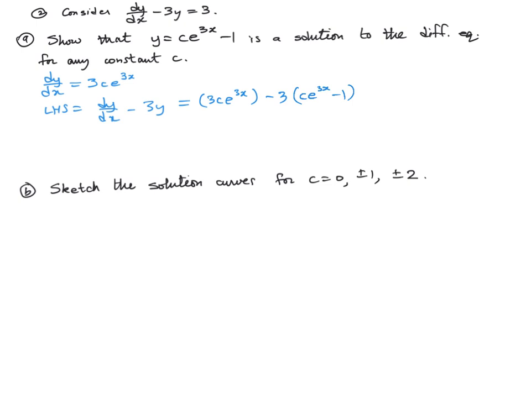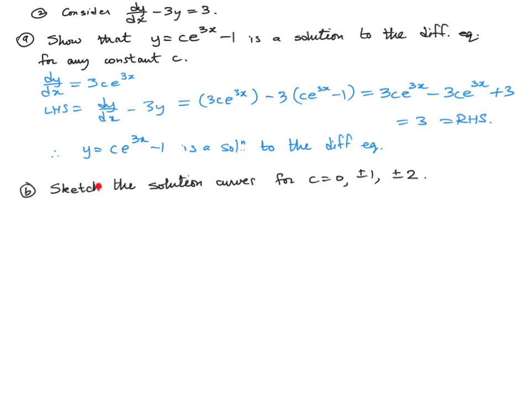And now it's a matter of simplifying this. So I end up with 3c e to the 3x minus 3c e to the 3x, and then minus 3 times minus 1 is plus 3. So that's equal to 3, which is equal to the right-hand side. And therefore, this is a solution to the differential equation.